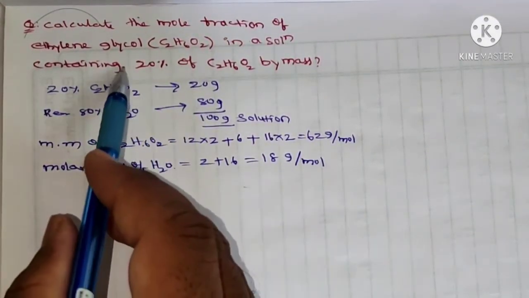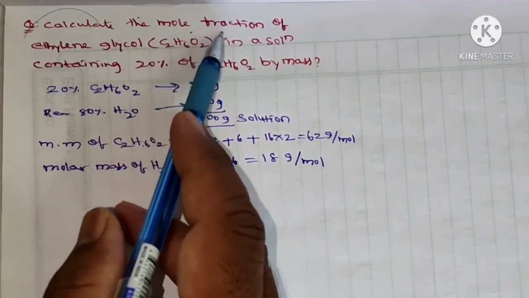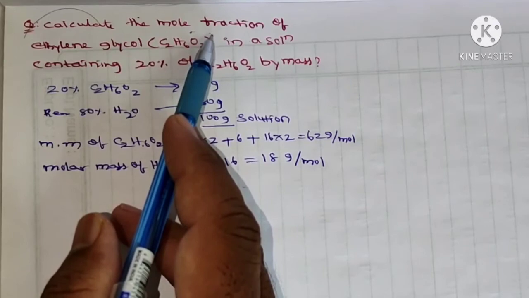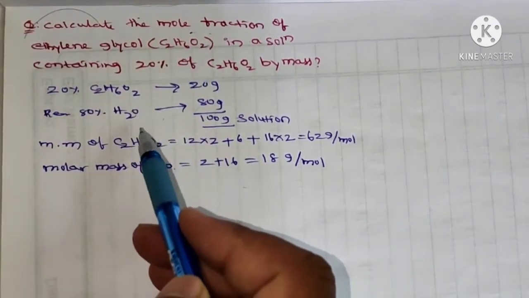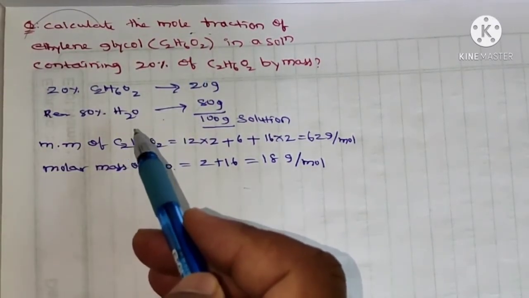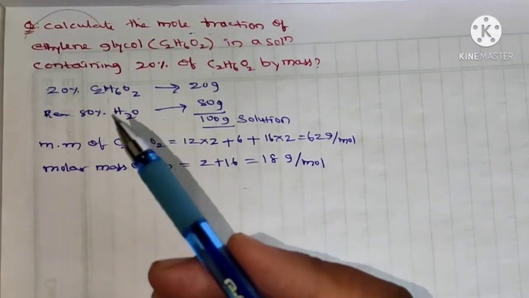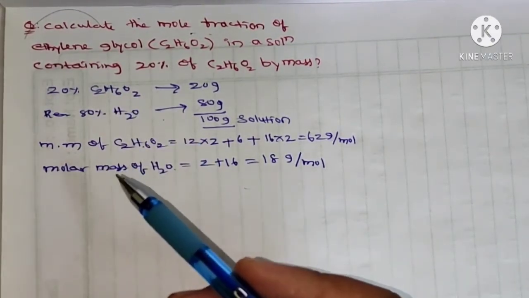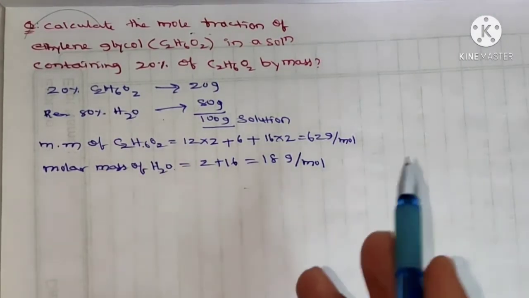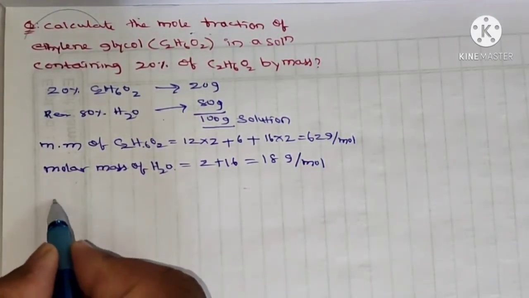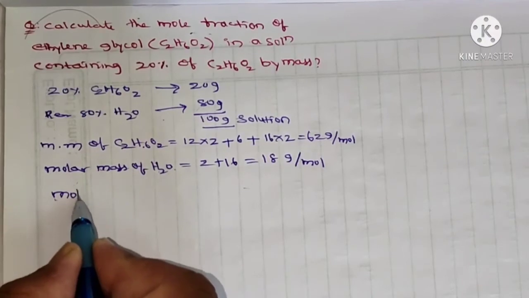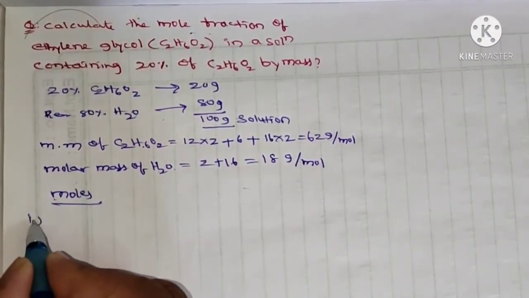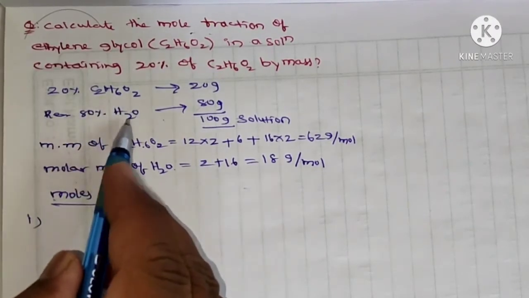Now we have to find out the mole fraction. Before that, we have to find out the moles, because mole fraction is equal to a particular component's moles divided by the total number of moles. So first, ethylene glycol moles and water moles.